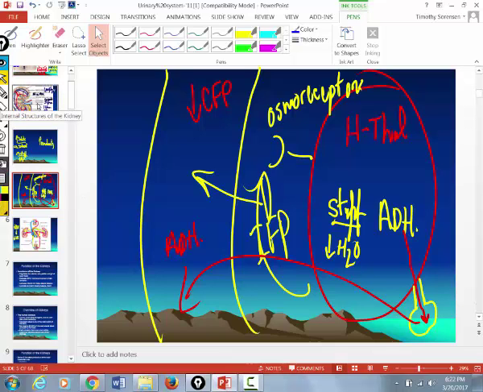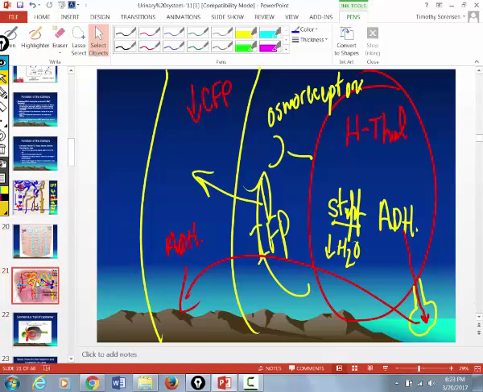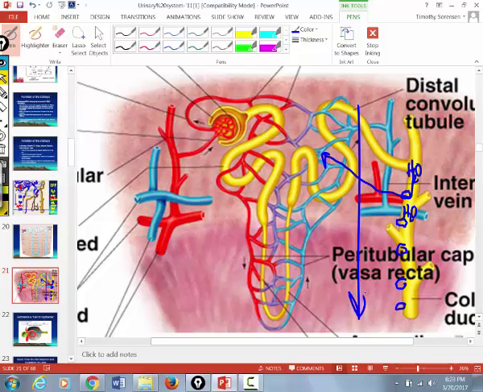So as the osmolarity begins to go up, ADH will insert aquaporins farther down the collecting ducts. And because the osmolarity increases, more and more water gets reabsorbed back into the blood.